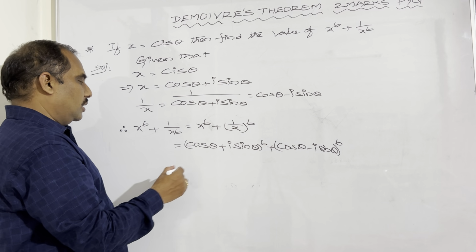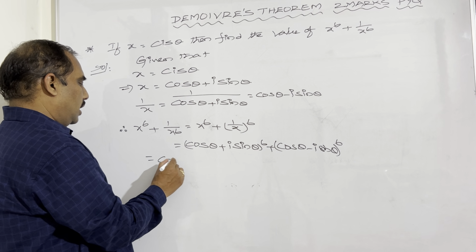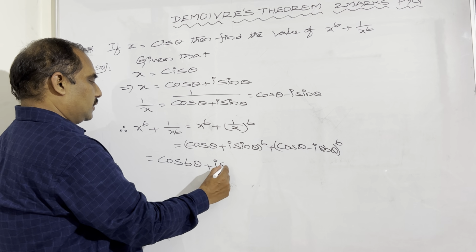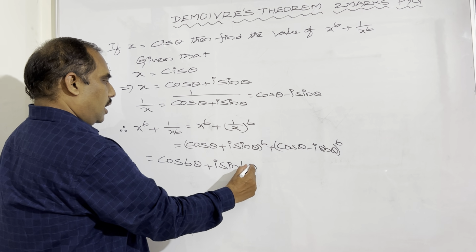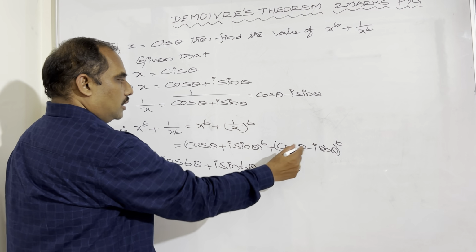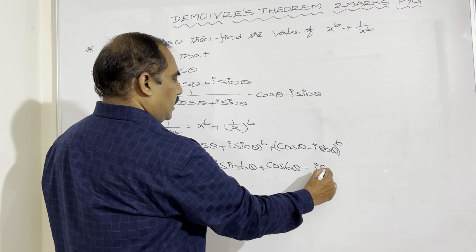When you apply De Moivre's theorem here, we get cos 6 theta plus i sin 6 theta, and here cos 6 theta minus i sin 6 theta.